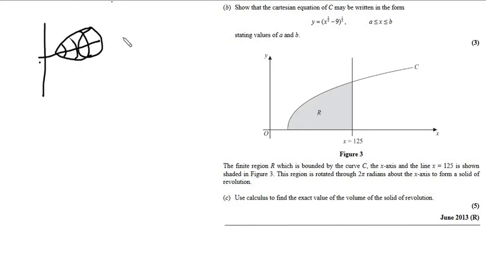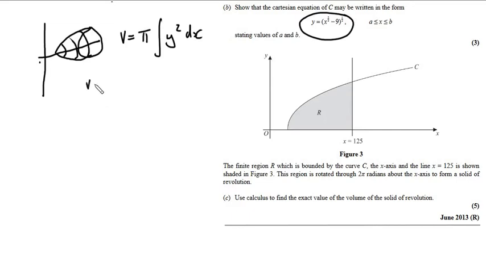So the equation is V equals pi times the integral of the function squared with respect to x. So in the previous question we found that the function is this. So what we need to do is plug that into this formula.